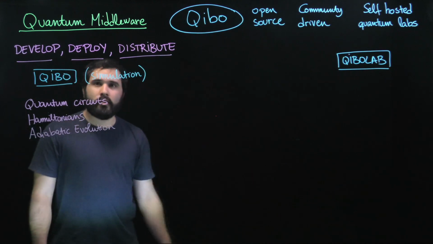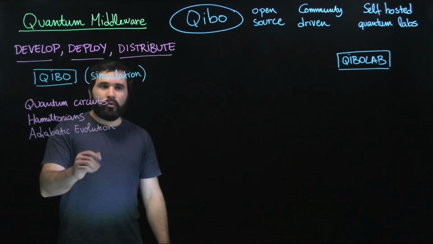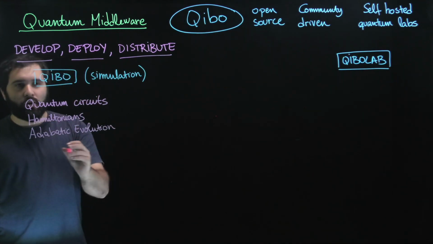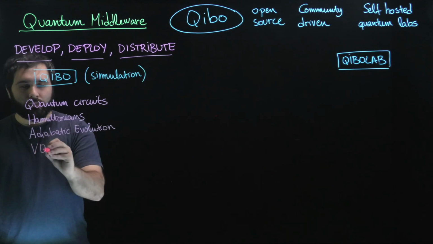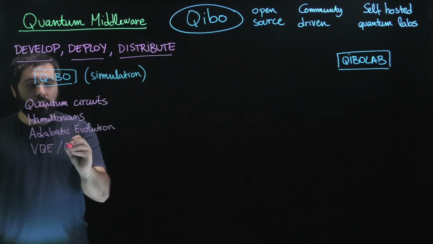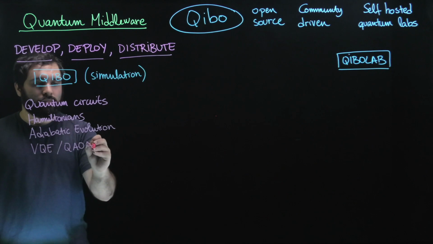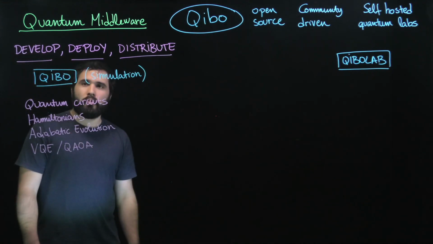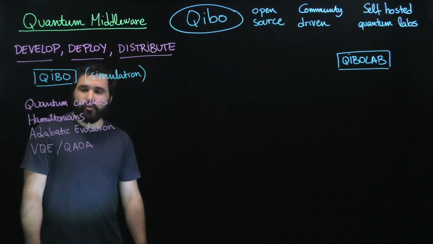And among other things, we also provide tools for variational quantum algorithms such as VQEs and QAOA, and plenty of other optimization tools.